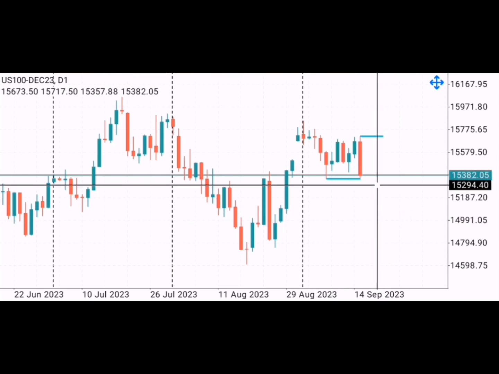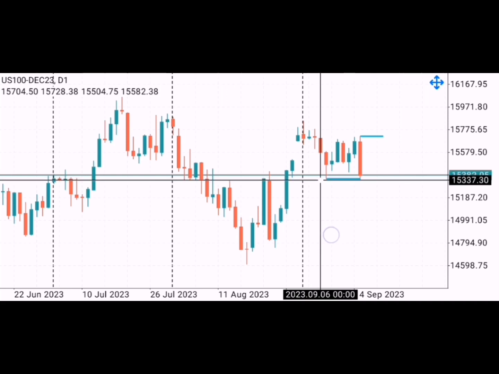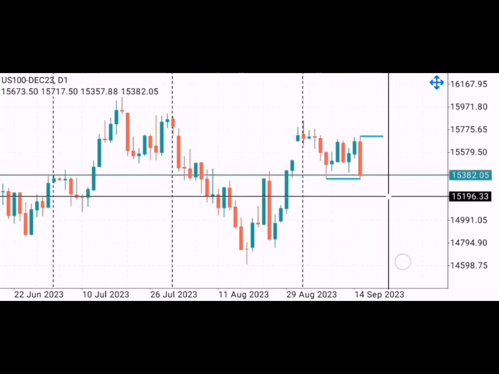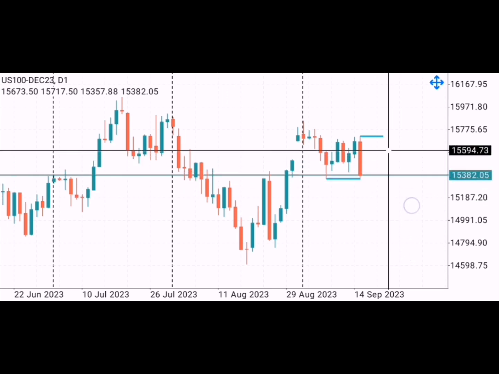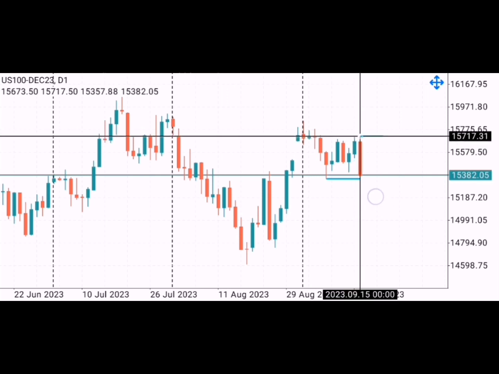Otherwise, another scenario that can happen is for price to indeed trade below this level, further down into this fair value gap, and then from there begin to seek higher prices and trade into these levels over here.